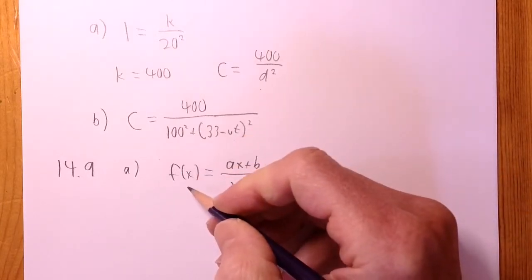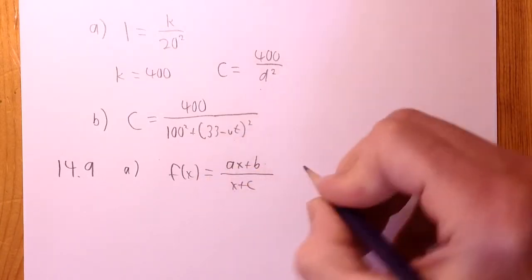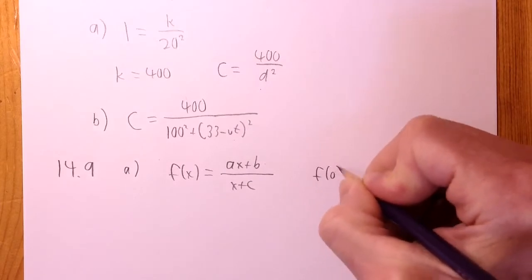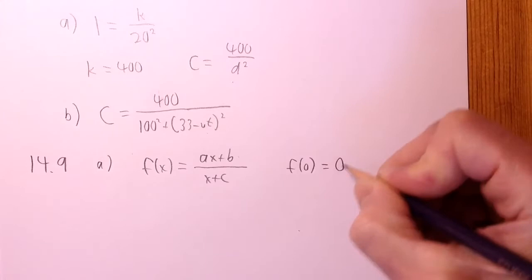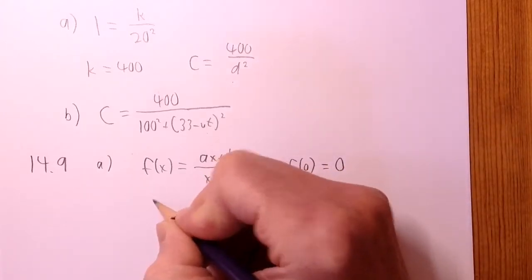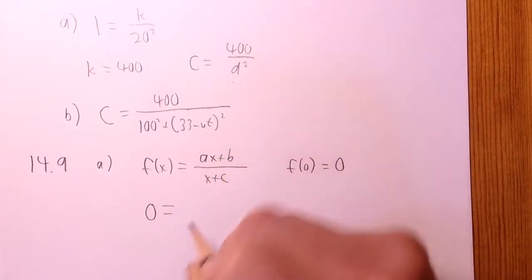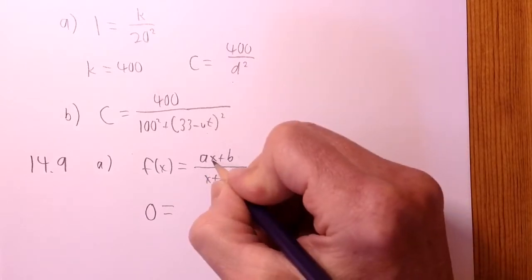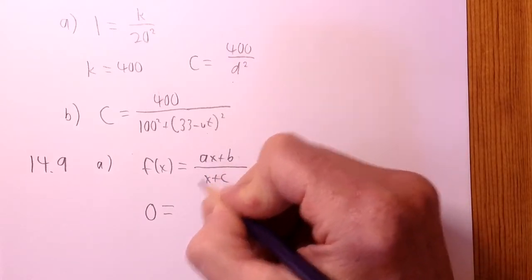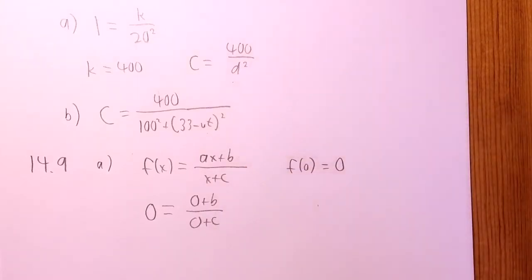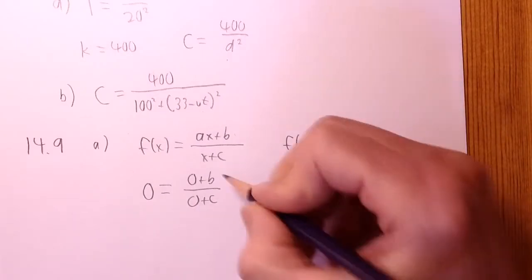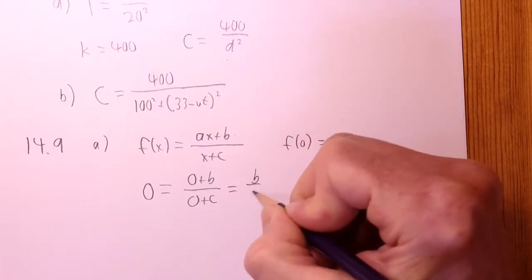When x is 0, they say f of 0 is equal to 0. That means this is 0. So you say 0 is equal to, and x is 0, so a times 0, so that's 0, plus b divided by 0 plus c, which is b over c.